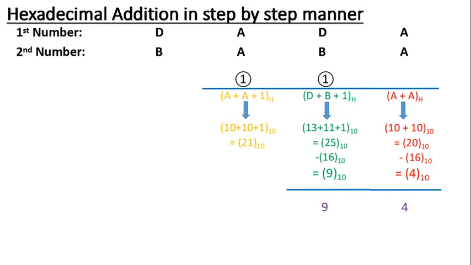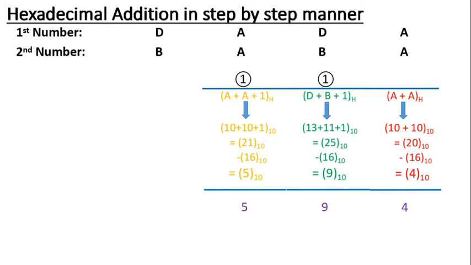Again, 21 is not expressible in a single hexadecimal digit, so minus 16, the corresponding step is here. So minus 16 decimal, it comes to 5 decimal, and 5 decimal itself is 5 hexadecimal, which is written at the bottom.